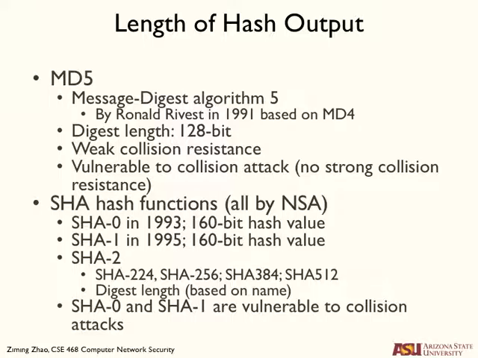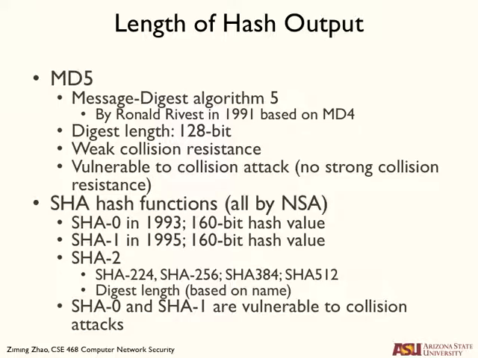MD5 has 128 bits and was meant to provide weak collision resistance, but it has been proved that it is vulnerable to collision attack. Someone in 2005 published a paper in Crypto, which is the most prestigious conference in cryptography, showing a way to find collisions.